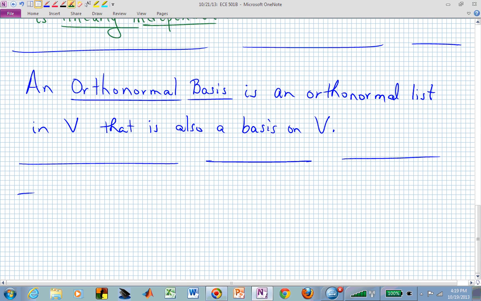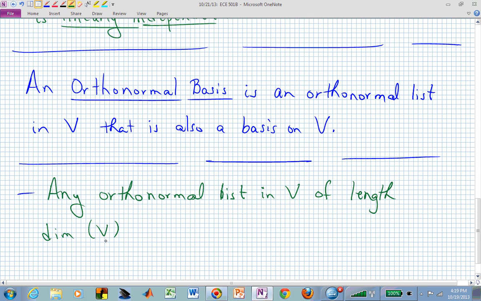We could then rewrite this orthonormal basis sentence as: any orthonormal list in our underlying vector space, capital V, of length equal to the dimension of V, forms an orthonormal basis.